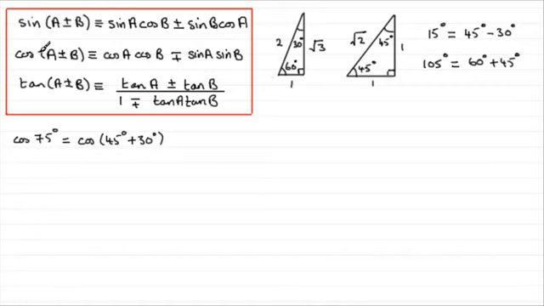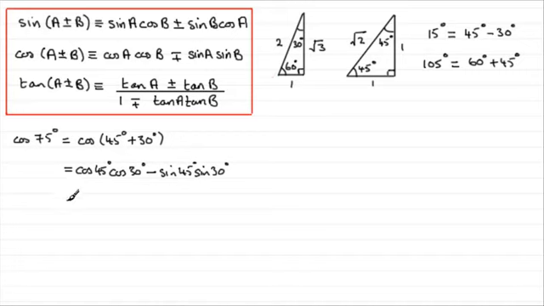So when it comes to the appropriate formula, we're going to take the cosine of A plus B, which is cos A cos B minus sine A sine B. So we have the cosine of A, that's 45 degrees, multiplied by the cosine of B, that's the 30 degrees, minus the opposite sign here, sine of 45 degrees, sine of A, and then sine of B, sine of 30 degrees.